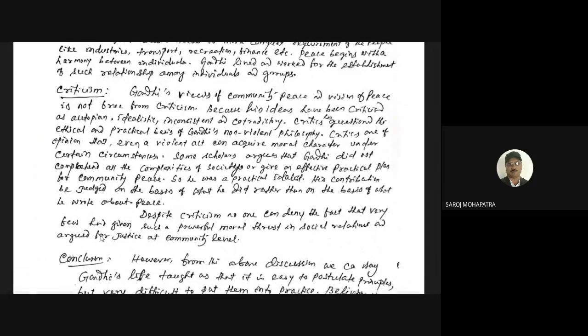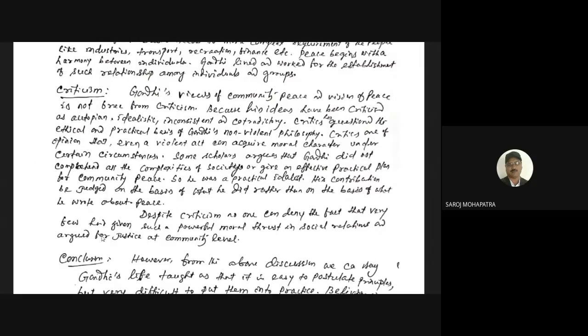So the Gandhian community peace is also not free from criticism. How are Gandhi's views of community peace and vision of peace not free from criticism? Because his ideas have been criticized as utopian, idealistic, inconsistent, and catastrophic. Critics have questioned the ethical and practical basis of Gandhi's non-violent philosophy.